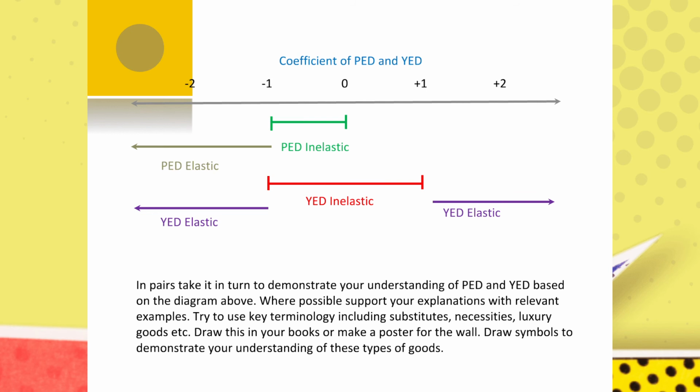And where possible, support your explanations with relevant examples. Make sure you use the key terminology, including substitutes, necessities, luxury goods, and draw this in your books or make a poster for the wall. And then you can add symbols in too, so adding luxury goods and normal goods into the diagram so that you have a better understanding.